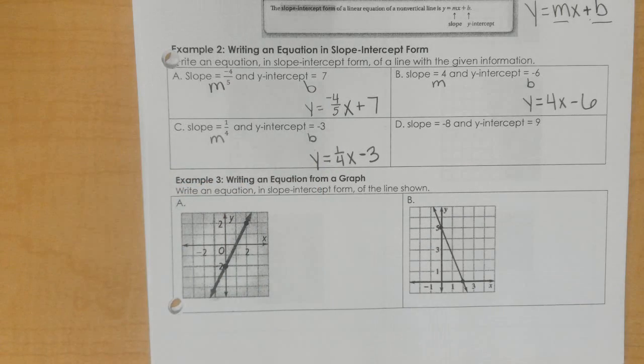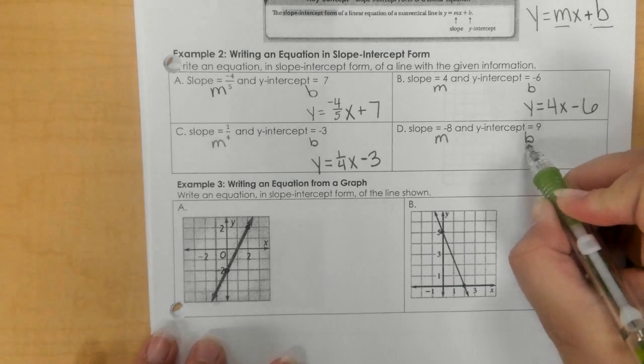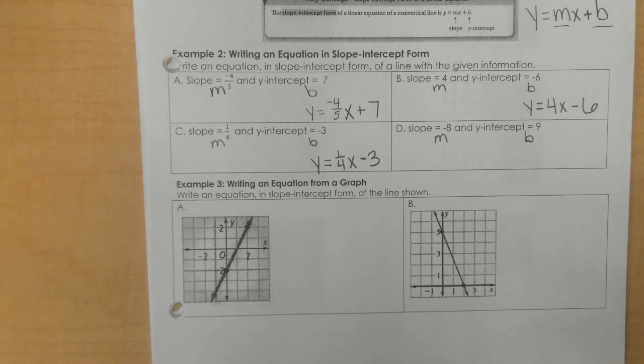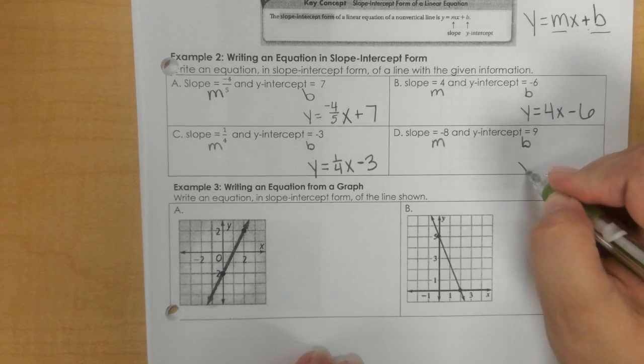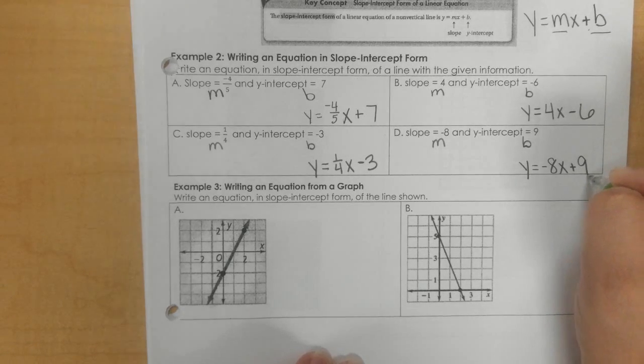Okay, and then the last one, slope again is -8. The y-intercept is 9, and we have to plug in. So we have y equals -8x plus 9.